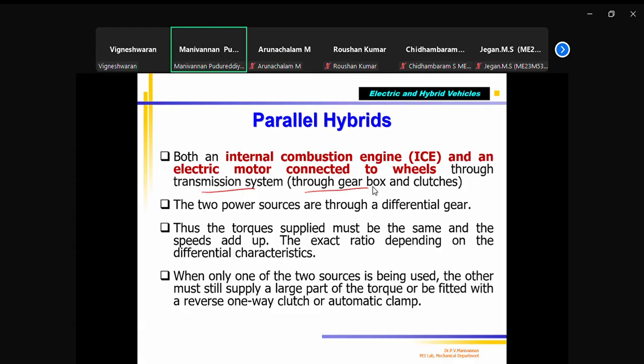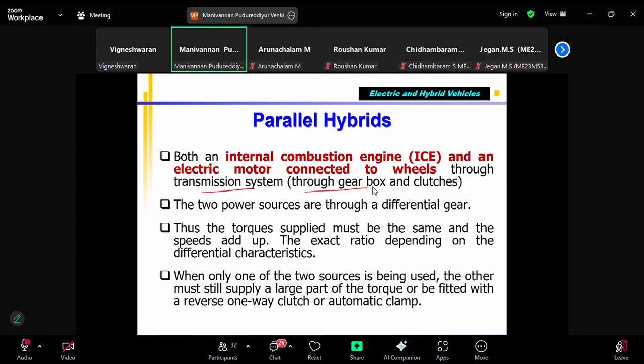Correct? If the torque is able to overcome the frictional and inertial forces, then the engine starts rotating, which is connected to the gearbox. The wheel starts moving, and on the wheel, the passenger plus vehicle load is acting, and there is friction between the wheel and the road surface.